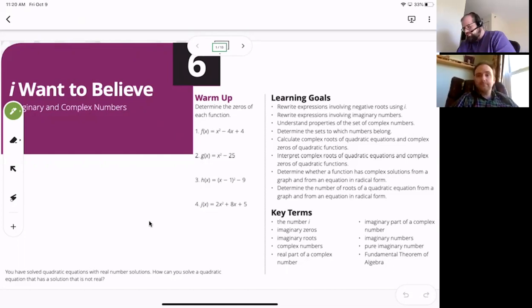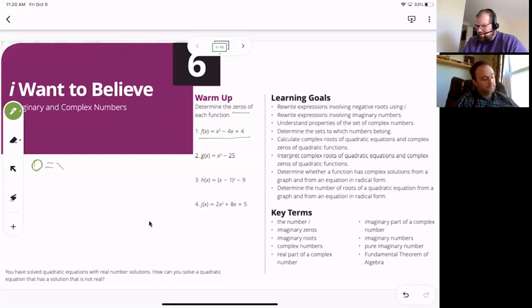It's true. So I'm looking at this warm-up here, Mr. Butterworth, and it looks like we might be able to do some of the things that we've been doing in order to find some of these zeros. I'm going to tackle the first one. If I'm finding zeros, that's when f of x or y is equal to 0.